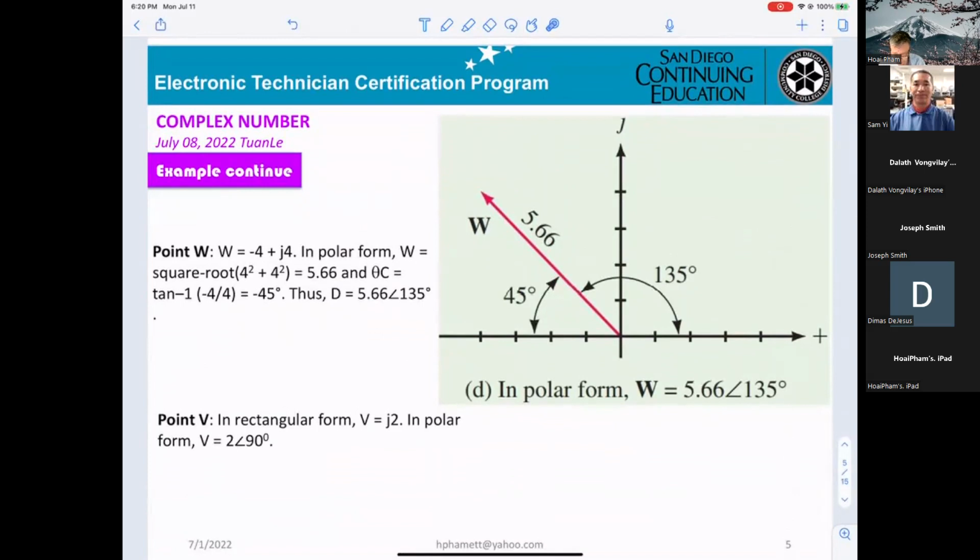This is the answer for W. Rectangular is -4 plus J4. Polar will be 5.66, angle 135 degrees.